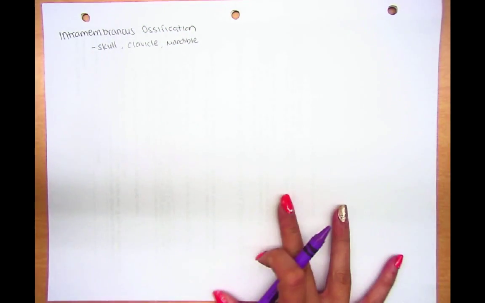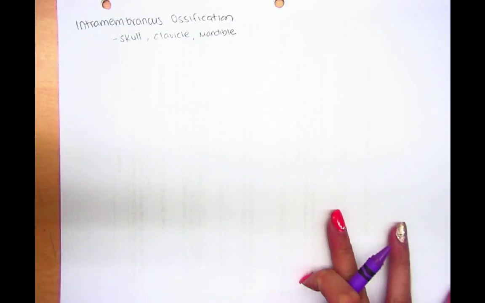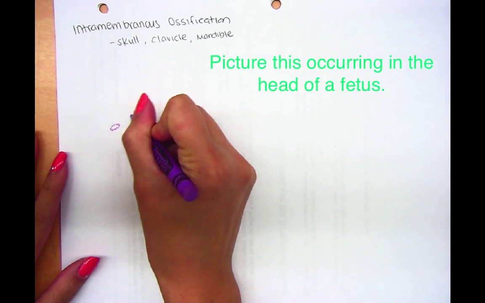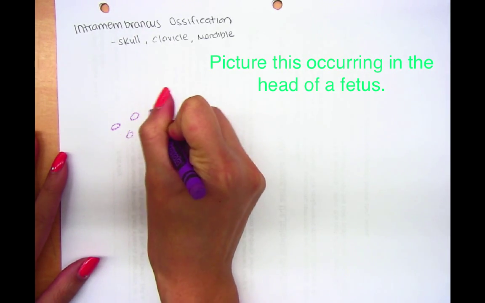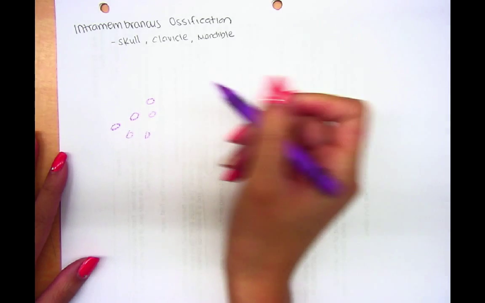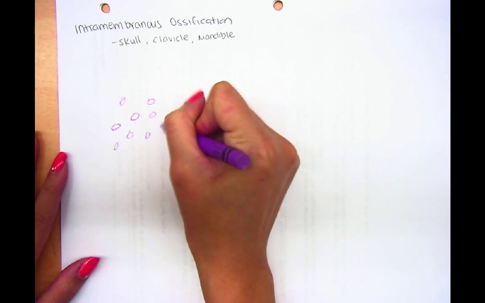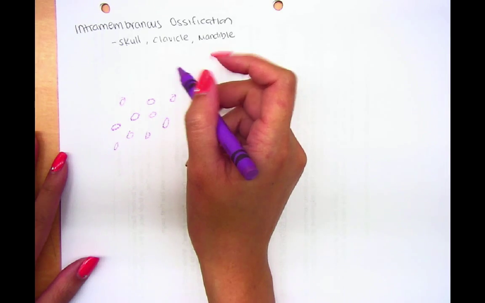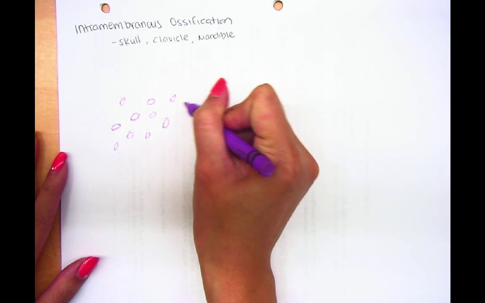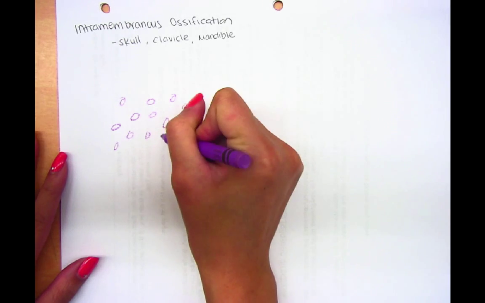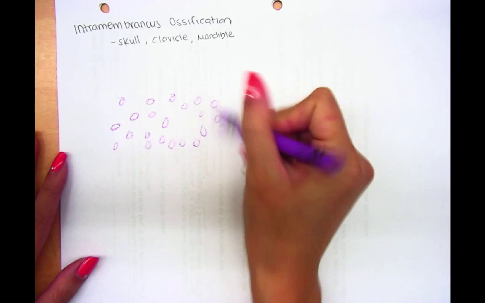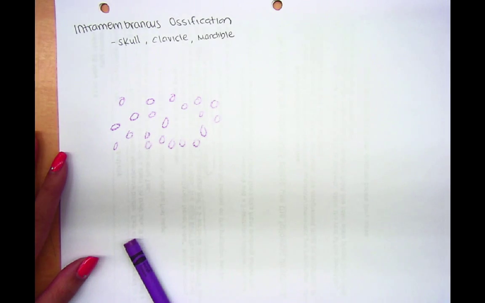So I'm going to draw some stem cells, just a couple here. The stem cells are going to aggregate around any area that has blood vessels available. I guess that makes sense because you want to have a nutrient supply.